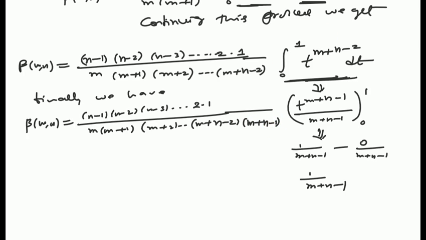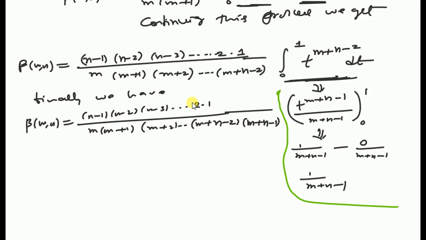So we are doing this integration separately. With that, this entire numerator will become n minus 1 factorial.